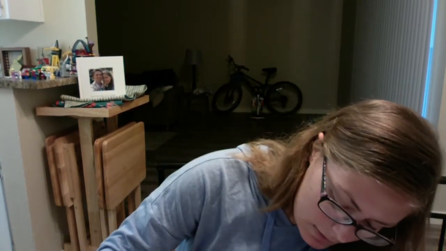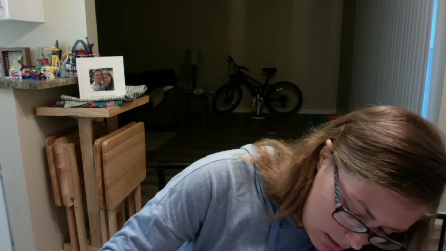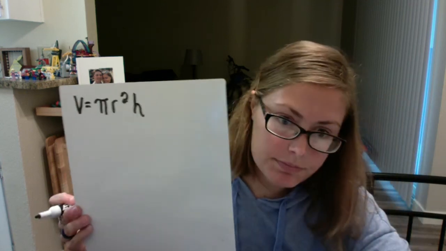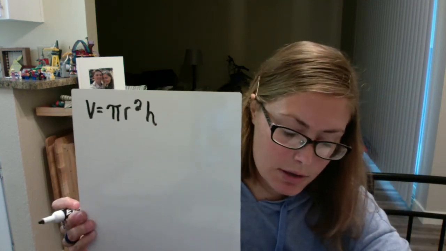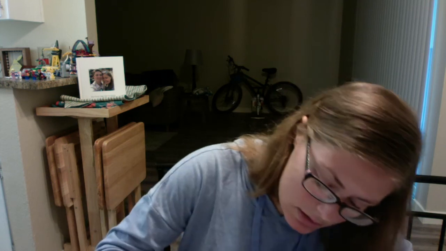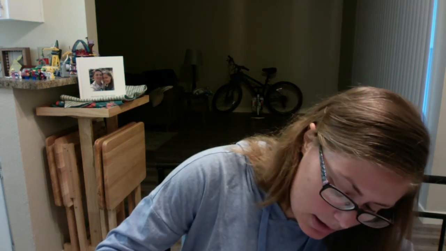Next one we have V is equal to pi r squared h. Our radius is 2, our height is 5. So pi times 2 squared times 5.